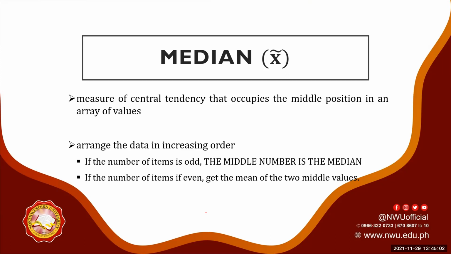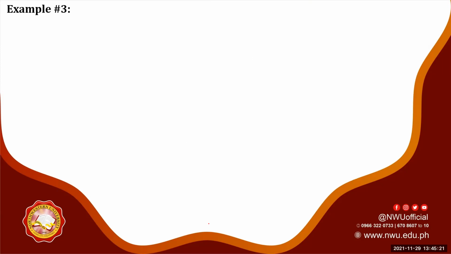And the only thing that you can do to get your median here is to get the average of those two numbers. Therefore, i-average mo, or you will get the mean of those two numbers kapag even yung number of items mo to get the median. Let's try to look at this example para mas maintindihan ninyo.